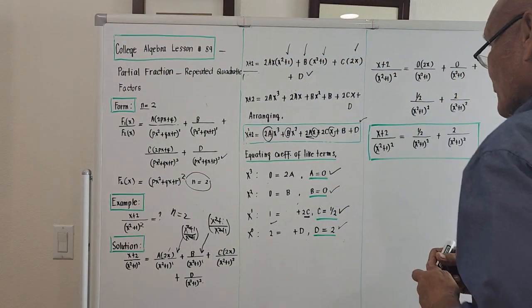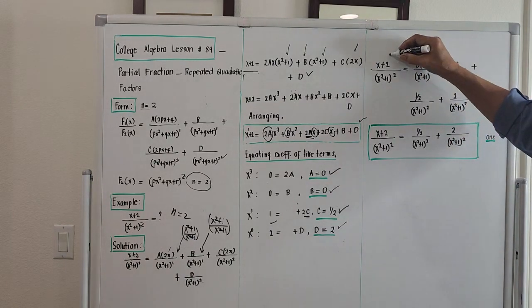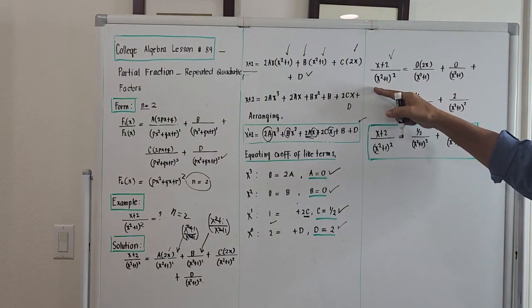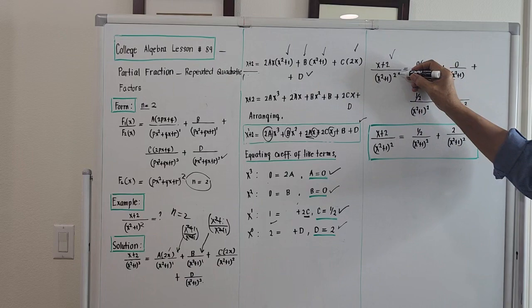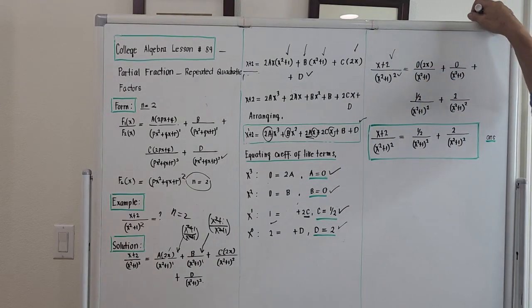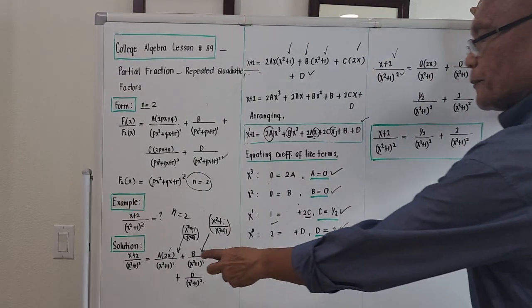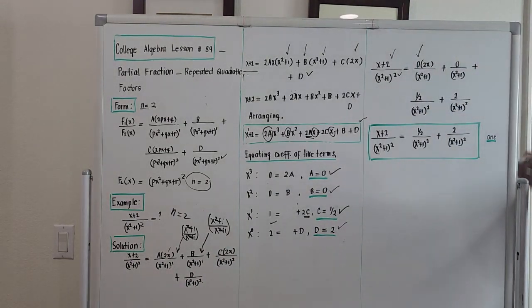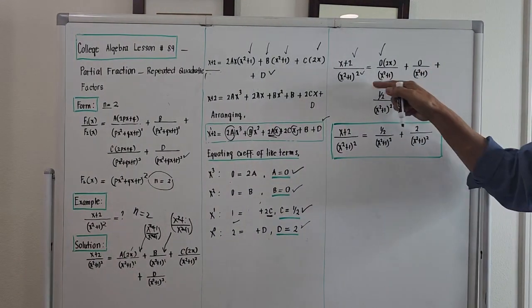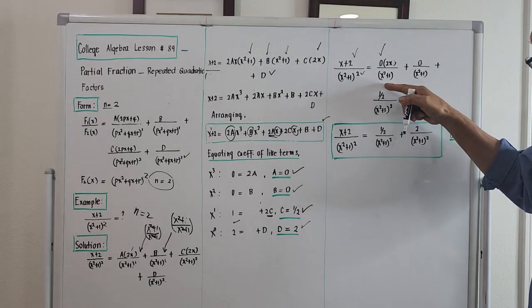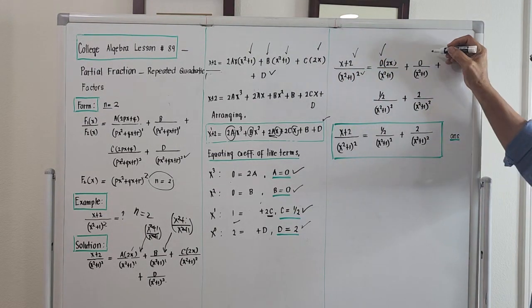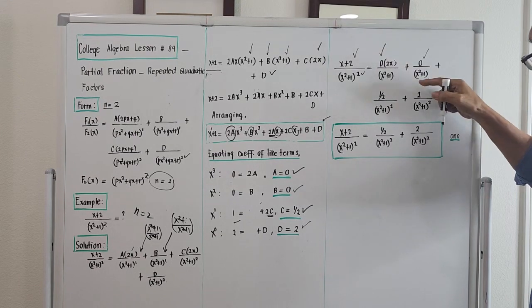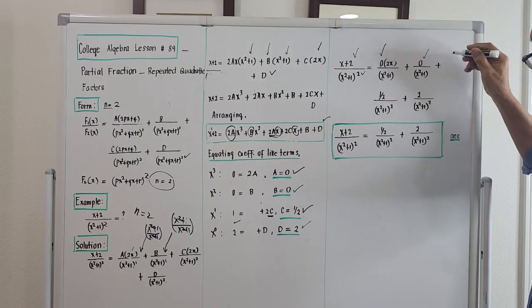So the given function now, x plus 2 all over the quadratic equation x squared plus 1 quantity squared should be equal to, I will be following this. A is 0, multiplied by 2x over x squared plus 1. The value of b is also 0, all over x squared plus 1. Plus the value of c.